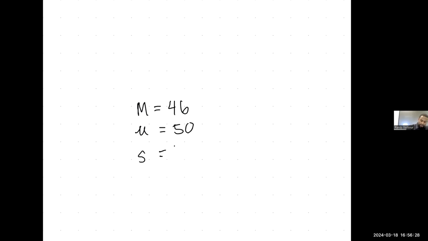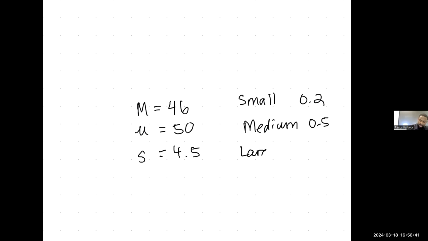And again, remember these conventions: small effect size, 0.2; medium effect size, 0.5; large effect size, 0.8.